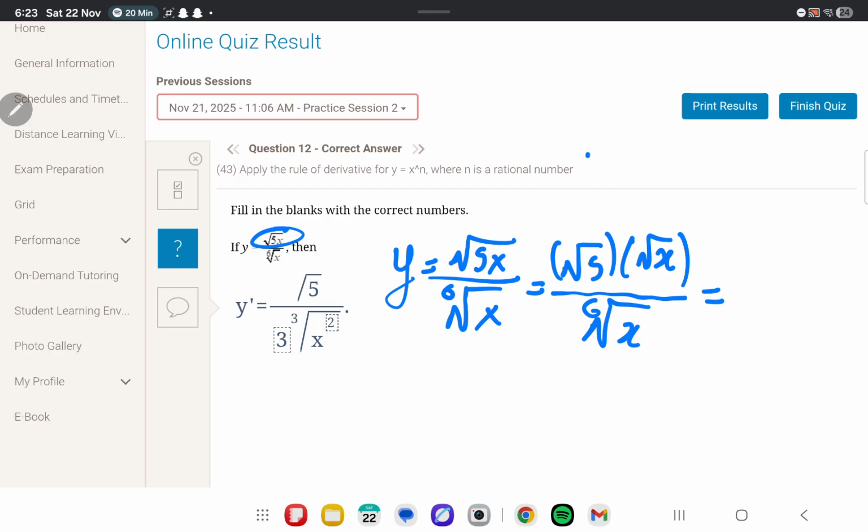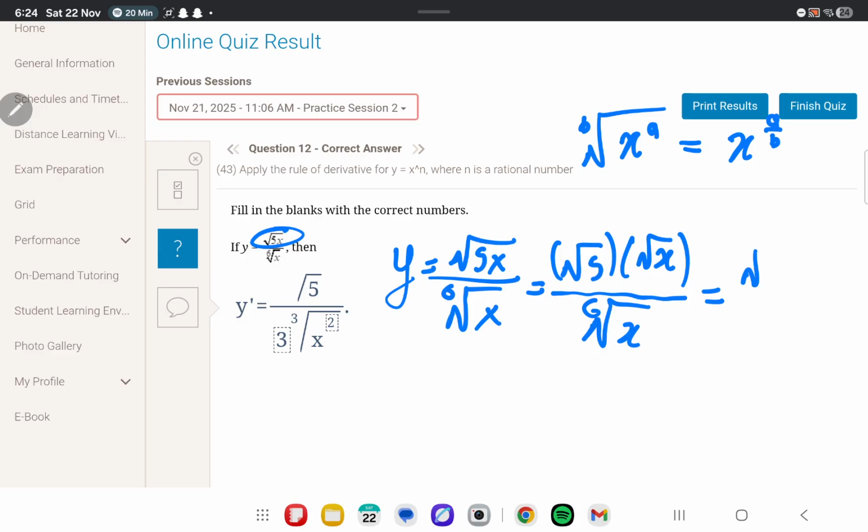Now, remember, the bth root of x to the power of a is equal to x to the power of a over b. So you can express radical x as x to the power of 1 over 2, because inside it's x to the power of 1, and for a square root you have the 2 outside, but you never really write it.